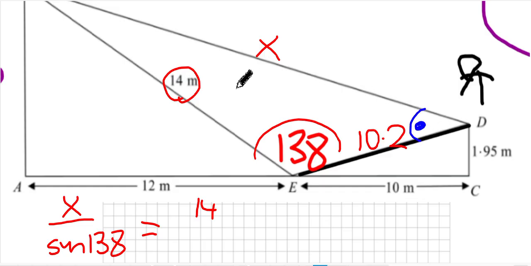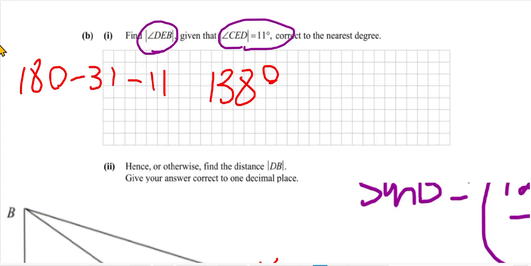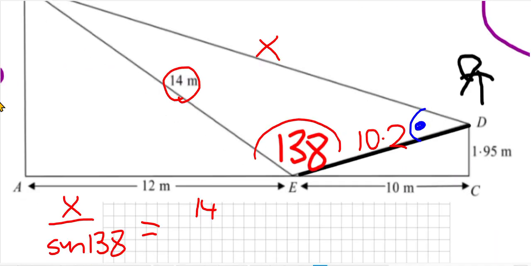This guy's looking at 14. Do we know that angle? No. Can't use it. Alright. I don't think we can use the sine rule is basically what I'm getting at here, guys. We can't use the sine rule.